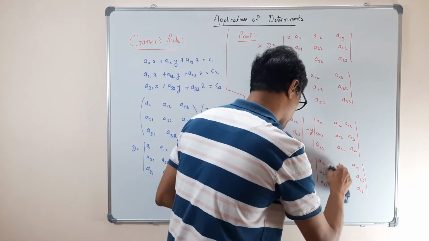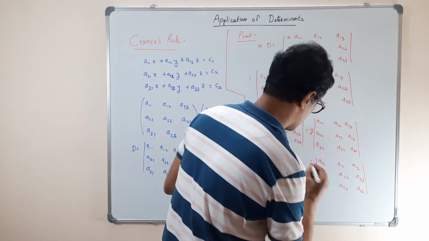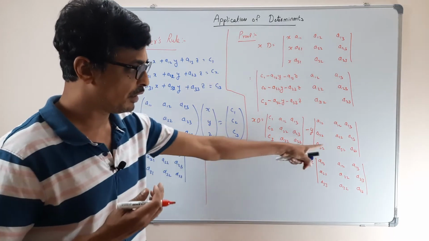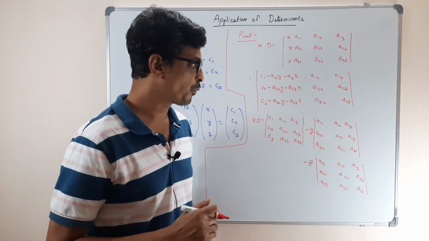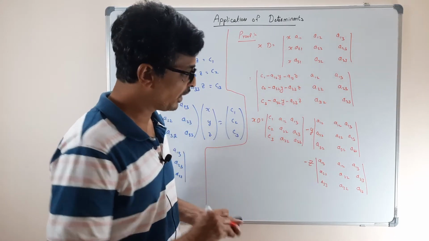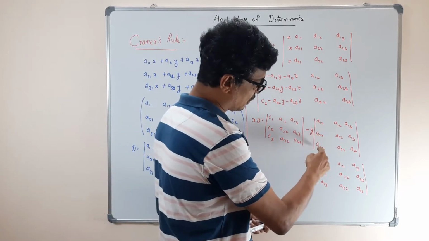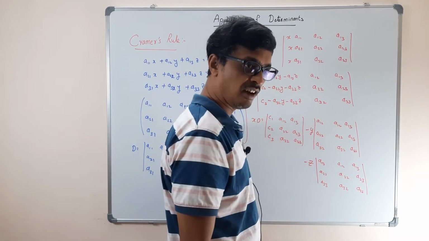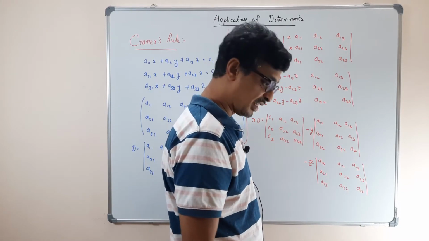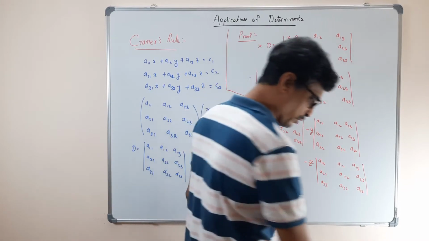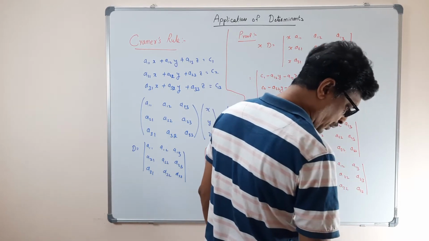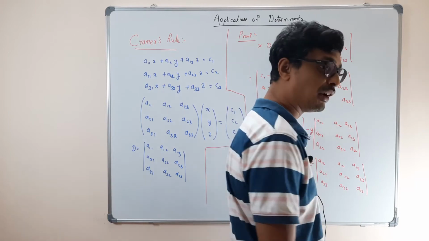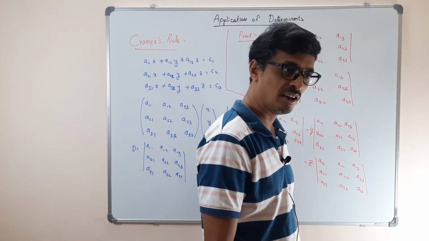So we will write it as minus z. Okay. Now what is the value of this determinant? Can you see? This column and this column are the same. There's another property we saw: if any two rows or columns of a determinant are identical, then the value of the determinant is 0.